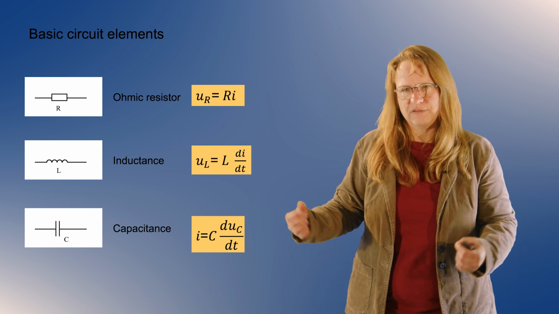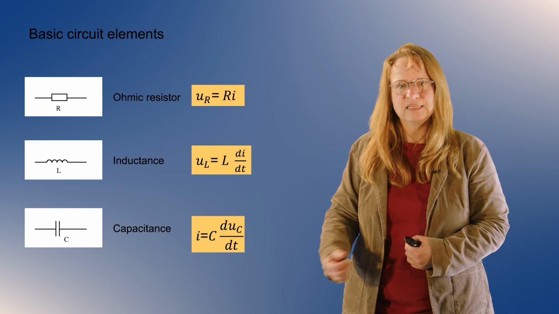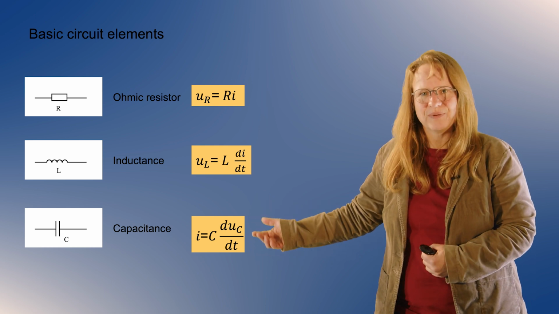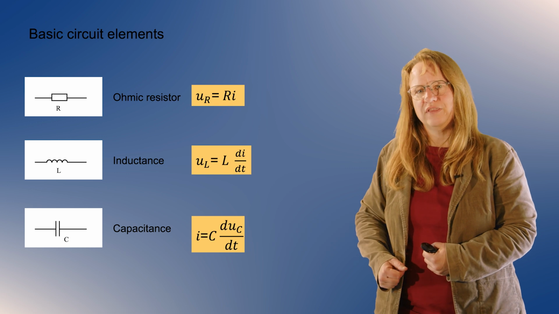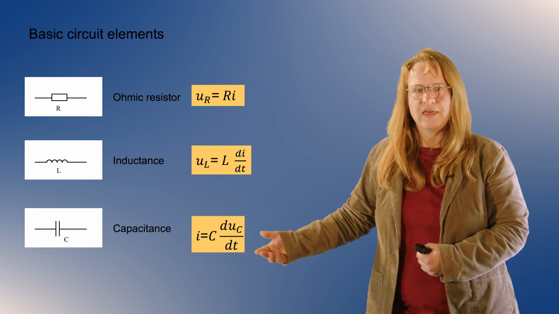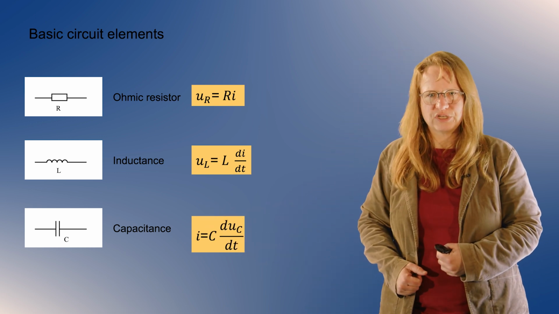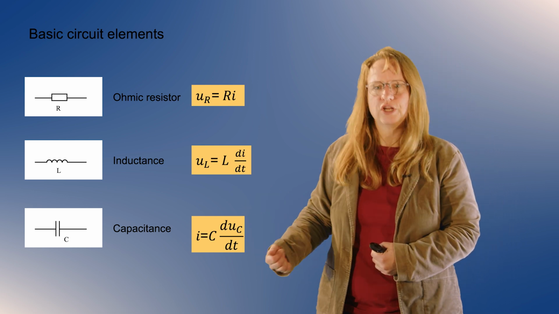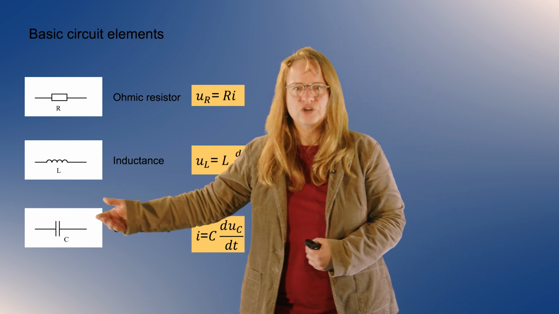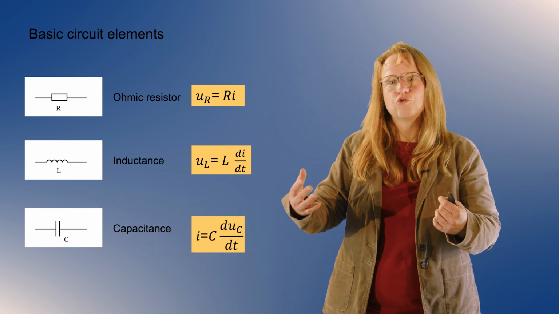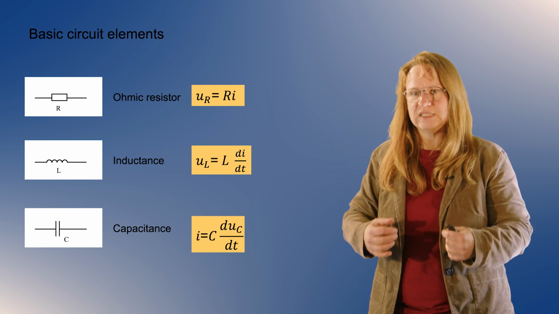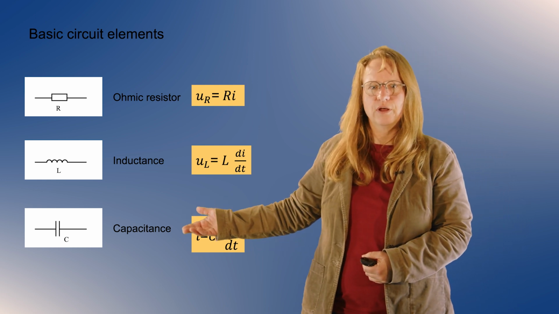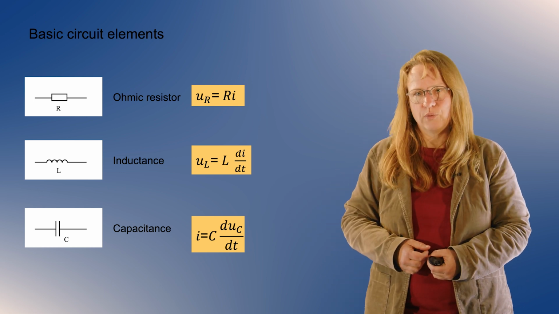So if we are in the static case, that is, we don't have any change, or the stationary case actually as well, if we don't have any change of the voltage over time, then that means we don't have any current through the conductor. If the voltage is changing over time, that means we are charging or discharging the capacitor. That is, we are increasing the electric field or decreasing the electric field stored in these capacitive effects. Then that means we have a charging or discharging current flowing also.